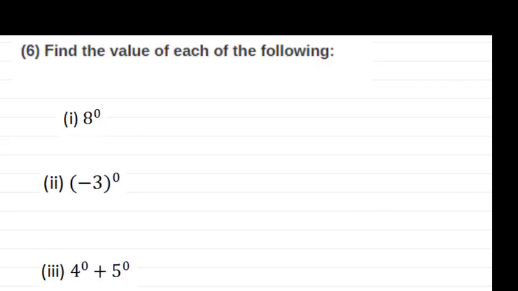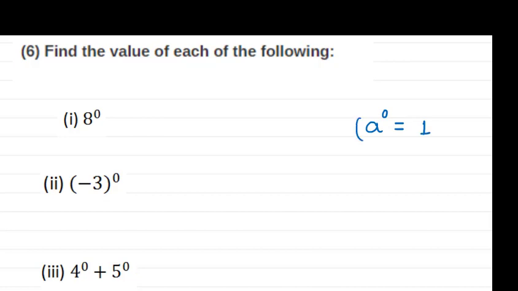Now let's see the sixth question. You have to find the value of the following. The first part is 8 to the power 0. You know that something raised to the power 0 is 1. Whatever the base, if the exponent is 0, then the value will be 1.